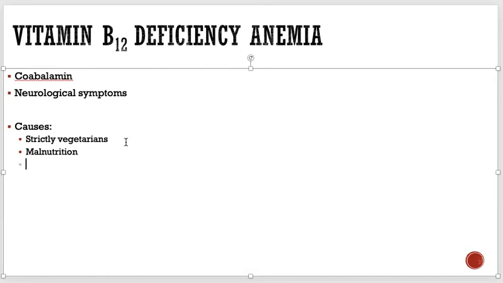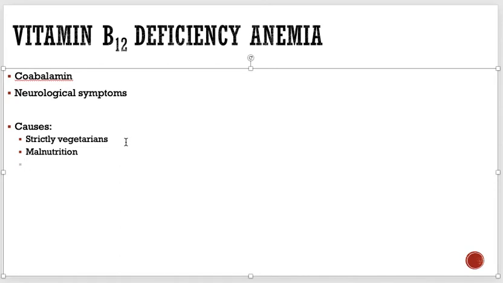If there is no intrinsic factor in the body, vitamin B12 cannot be absorbed. You must have intrinsic factor so that when you take vitamin B12 in the diet, it connects with intrinsic factor and then is absorbed in the body.